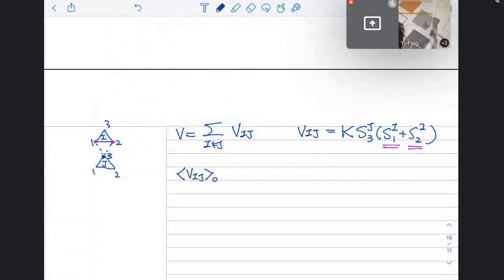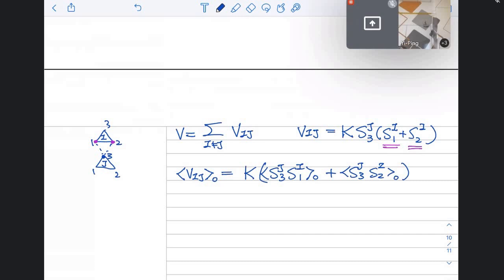So we're trying to calculate Sj3 Si1 averaged over H0 plus Sj3 Si2 averaged over Hamiltonian 0.